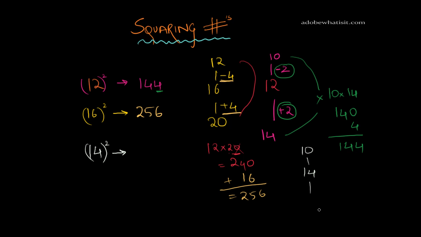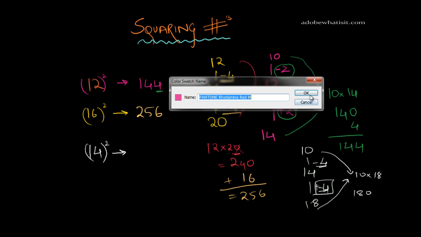So we go 10 down, so we subtract 4, and then we add 4 here, so we get 18. Then we multiply 10 times 18 to get 180. But wait, are we done yet? No, because we still have to add 4 squared.